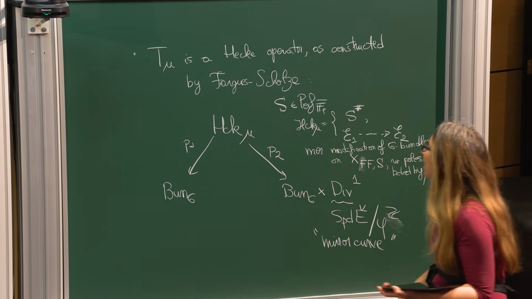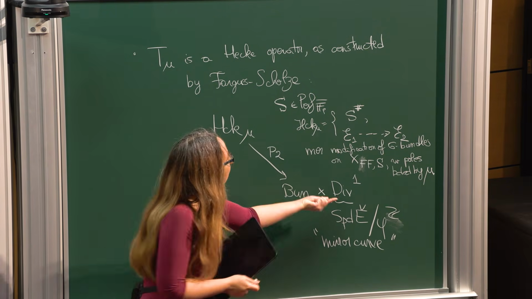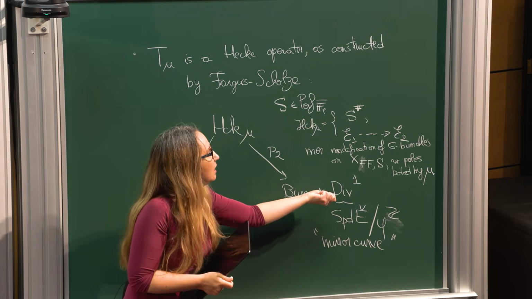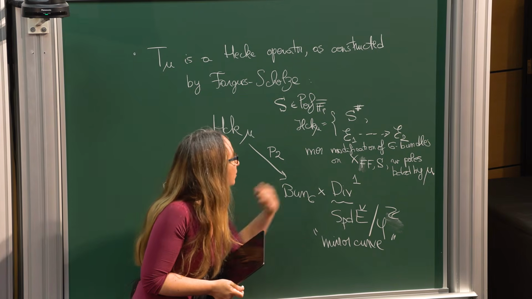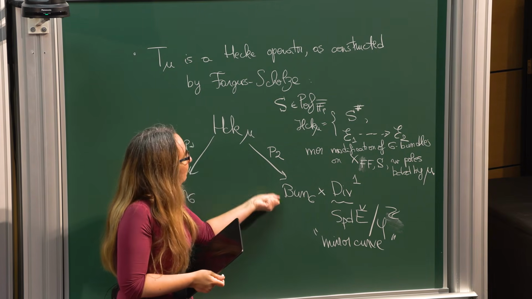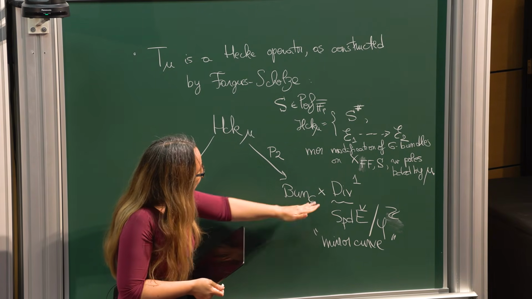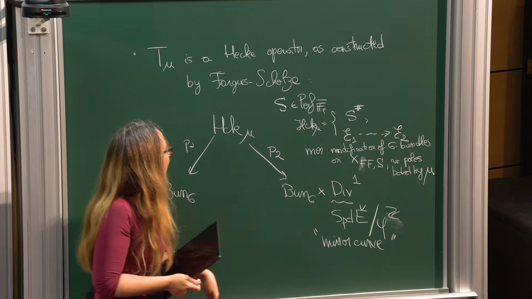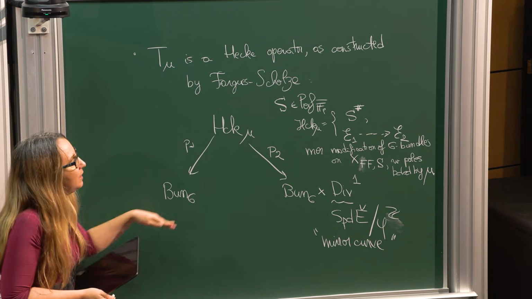Okay, and so the map to Div^1 remembers the closed Cartier divisor of degree 1. The map to Bun_G here is taking it to E_2, and the map to Bun_G here is taking it to E_1.